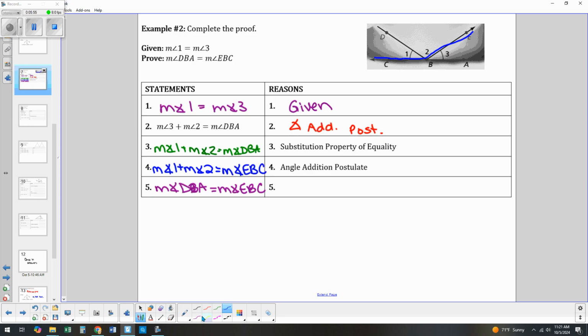So my very last step, I have DBA, which I've seen here. I have EBC, which I've seen here. And when I look at those two steps combined, we can see that we can link them together. So this would be the transitive property.